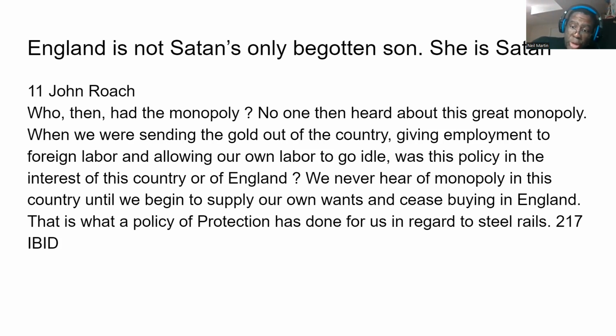But when our special interest relationship with England allows the British to send over manufactured goods and have our own citizens idle, the labor force idle, and the economy not organized, you don't see anything wrong with that?